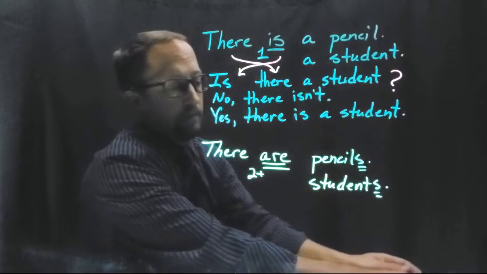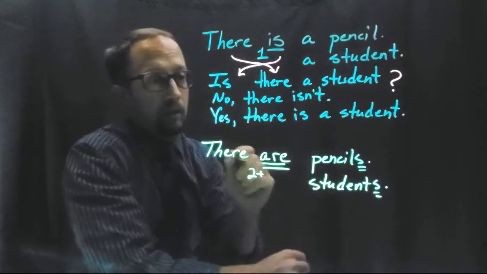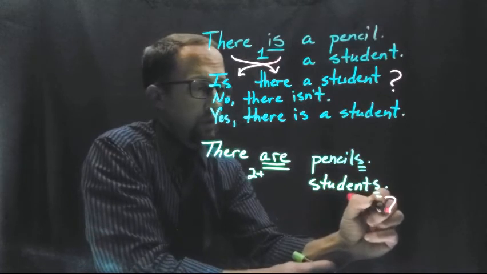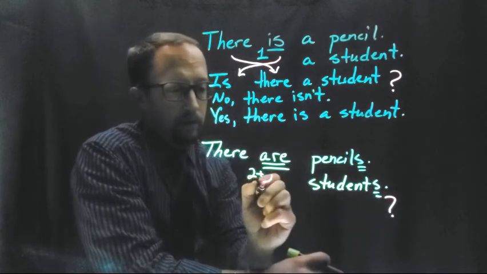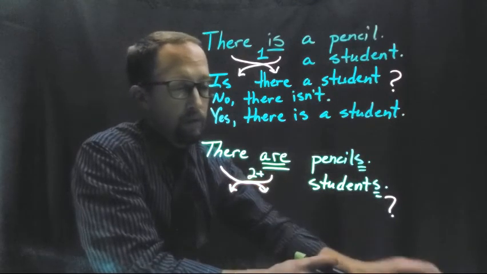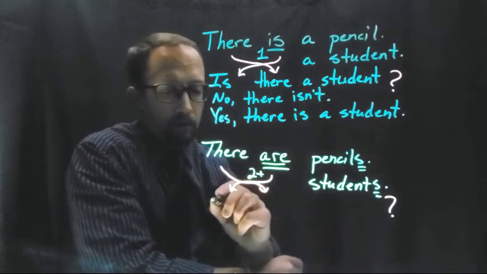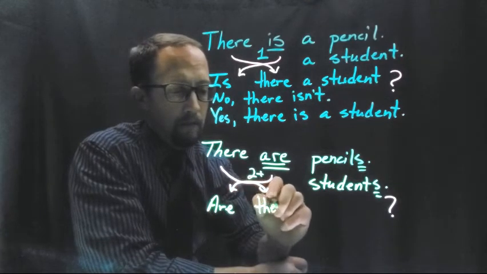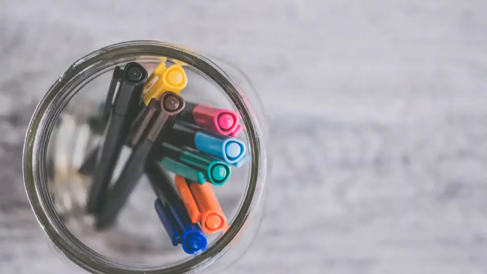The same is for asking questions with there are. If you want a question, again, you have to change the order. You would say, are there pens? Are there pens?